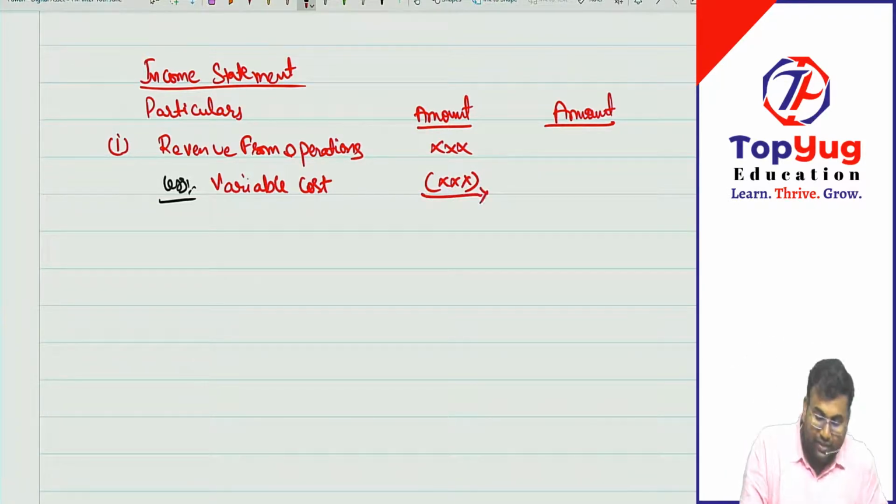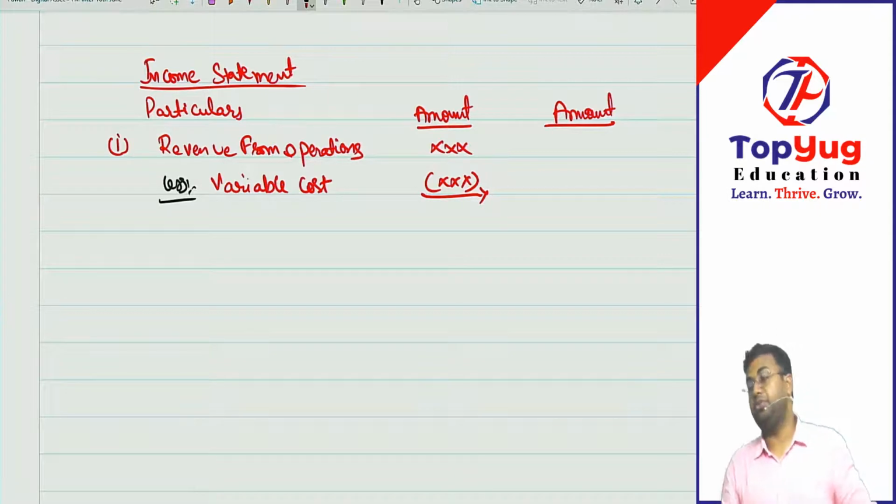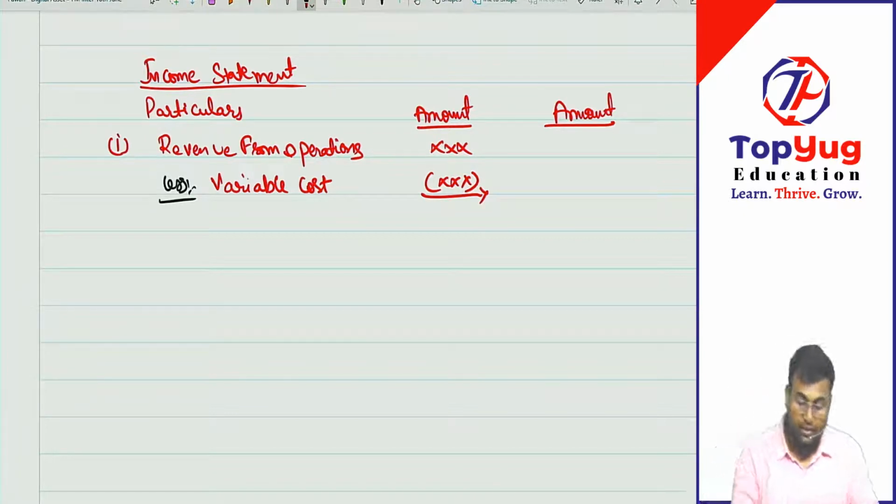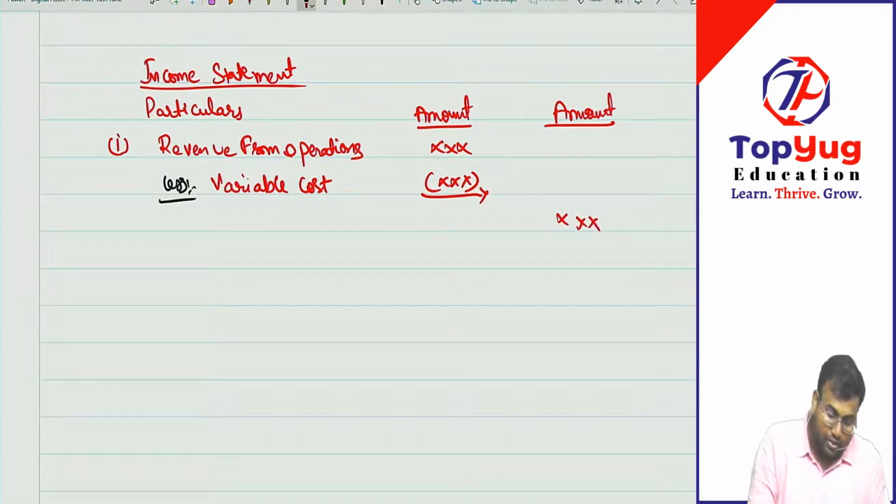And actually once you do a business, you do not earn sales, you actually find out what? A number called contribution.